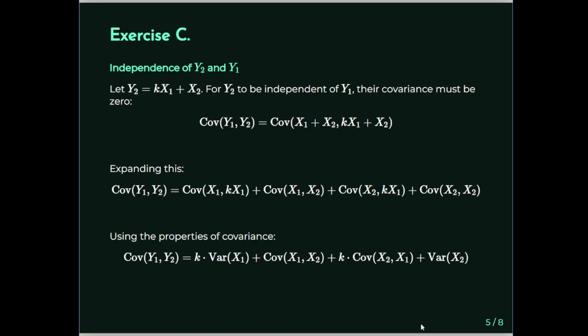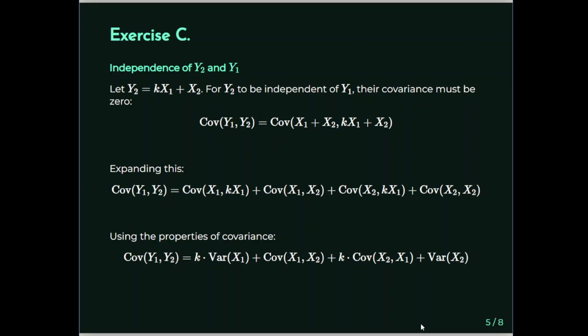Now we go to the second component of the first term, which is x2, and do the same thing. So we get the covariance of x2, kx1, plus the covariance of x2, x2. Essentially, each component of the first term is paired with every component of the second term.